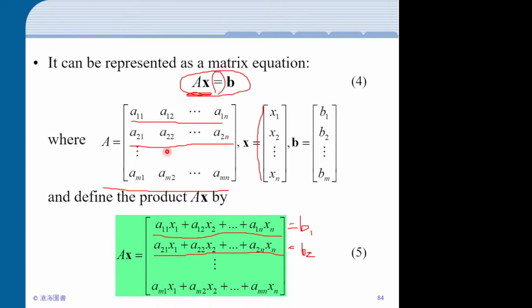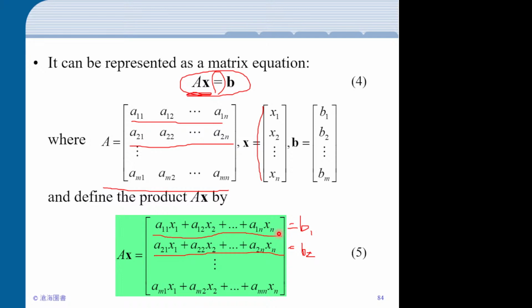A is your coefficient matrix, and x is once again the vector of unknowns x1 to xn, and b is now a vector because there are many b's, b1 to bm. If you apply the matrix multiplication rule to Ax, then Ax is a vector. Although this is really long here, remember all those summations, a11x1 plus a12x2 up to a1nxn, which is a scalar. So this is a number.